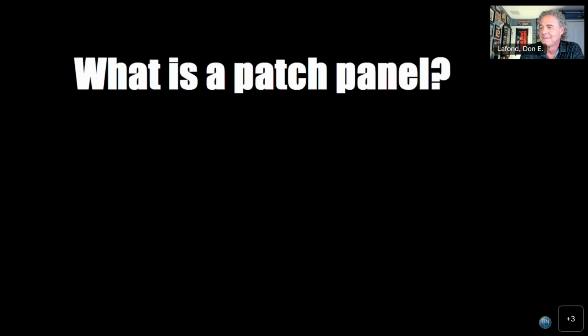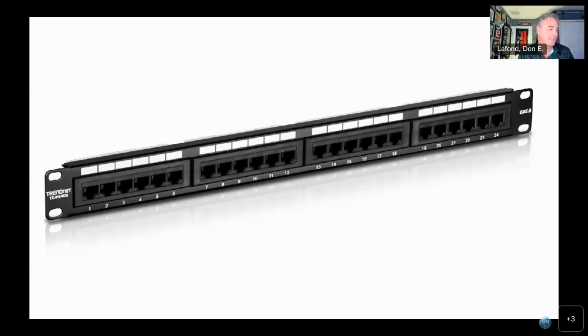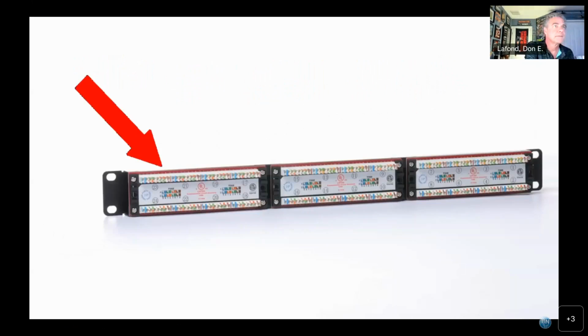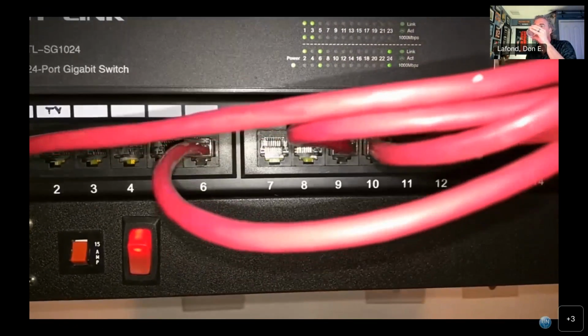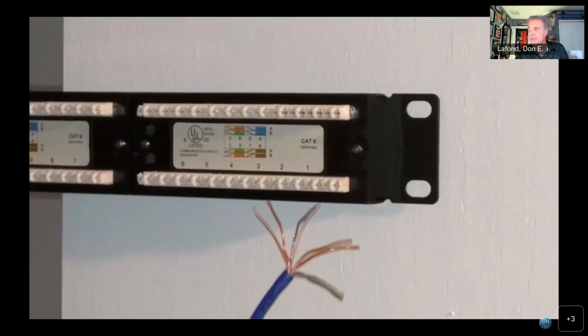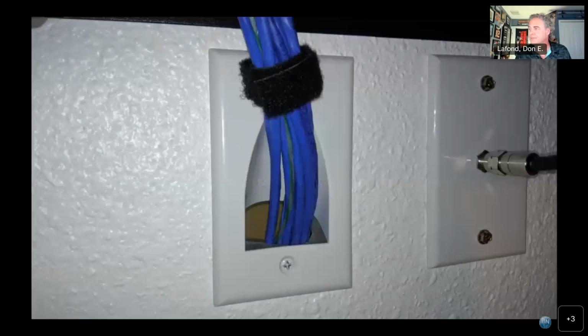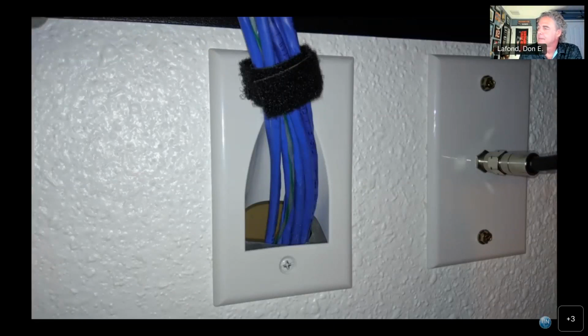What is a patch panel? A patch panel is a panel with an array of Ethernet ports on the front and places to punch down bare wires on the back. Each port on the patch panel, labeled with a number, will connect via an Ethernet cable punched down on the back, through the wall, crawl space, or attic to another location in the house.